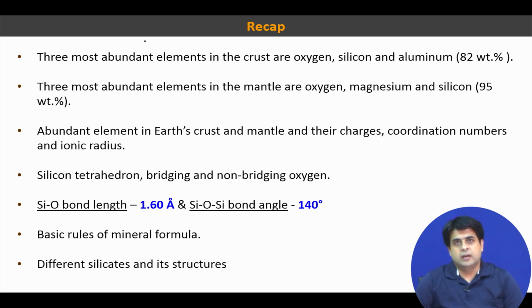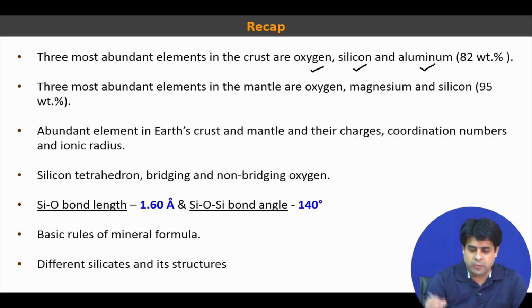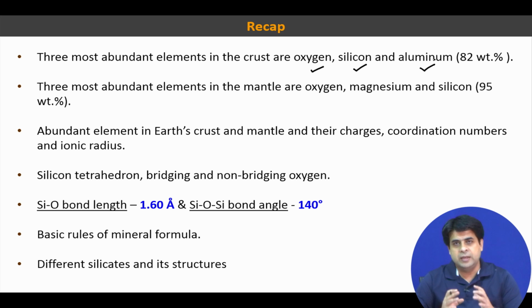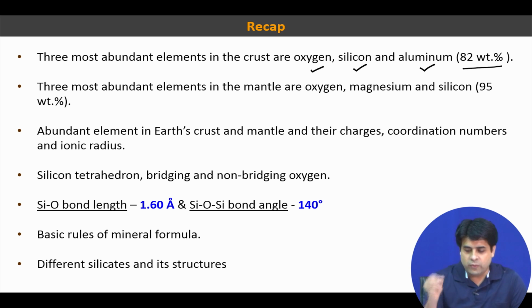If you remember the diagrams, the three most abundant elements in the crust are oxygen, silicon and aluminum. If you combine these three, you have almost 82 weight percent.